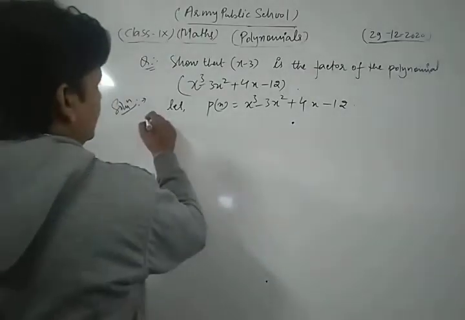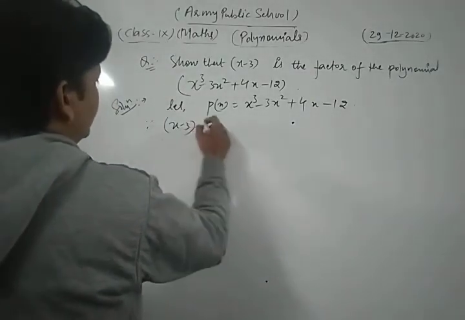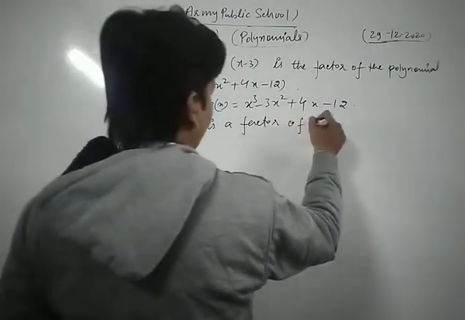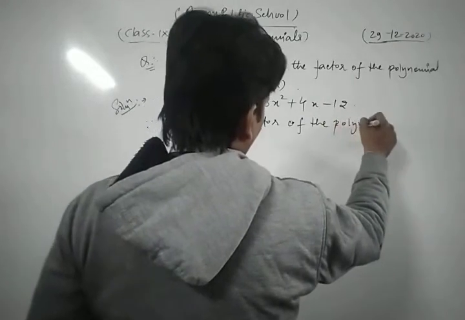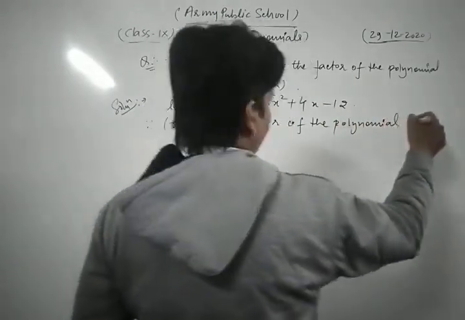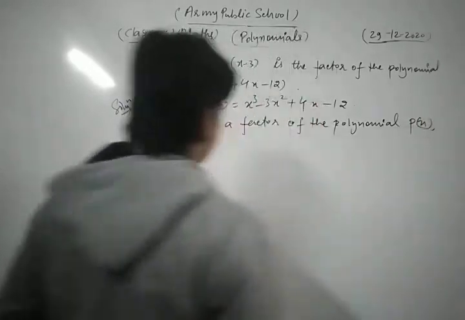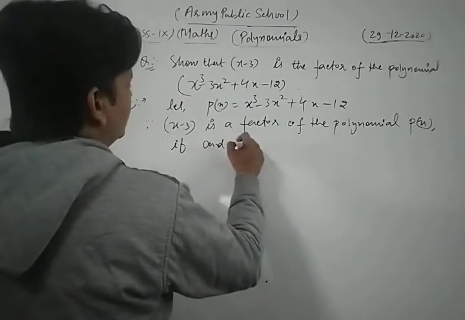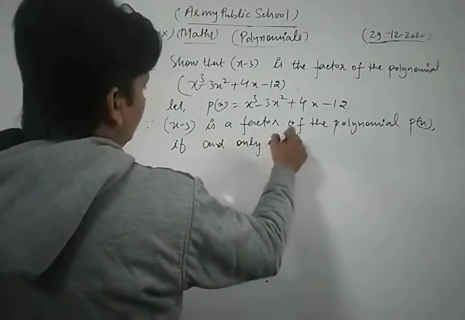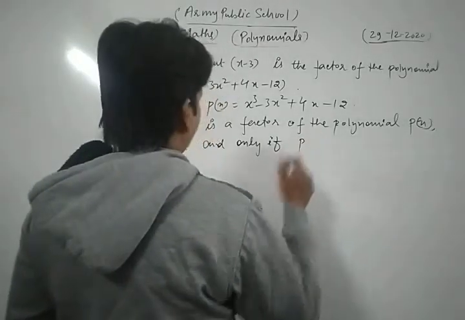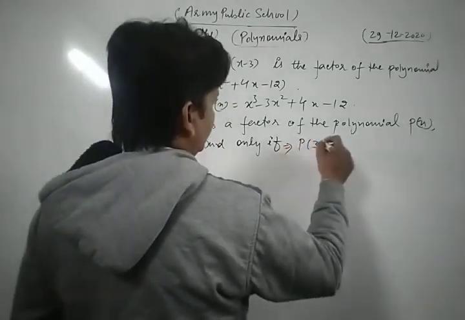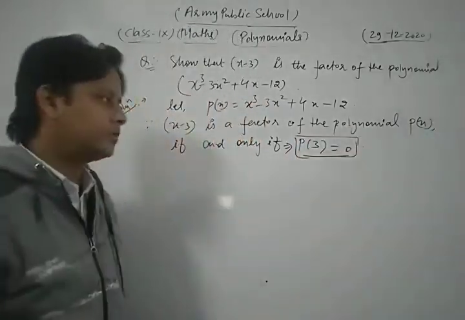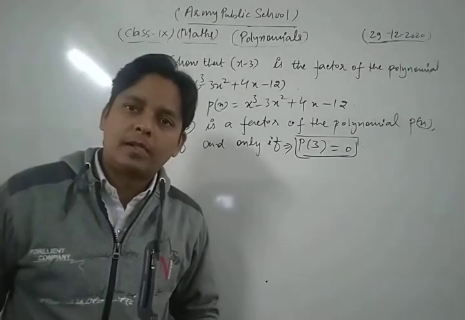Since x − 3 is a factor of the polynomial p(x) if and only if p(3) must be equal to 0.